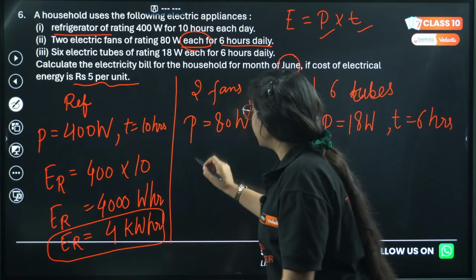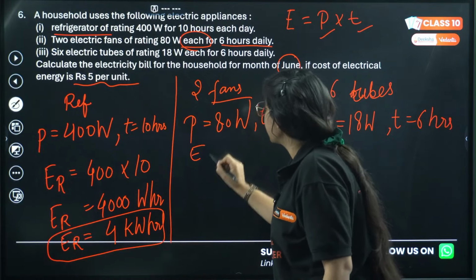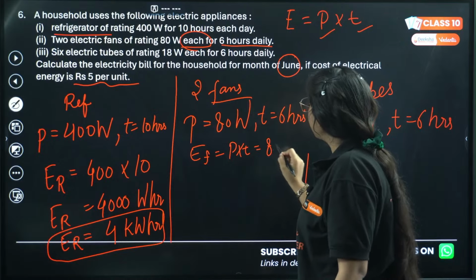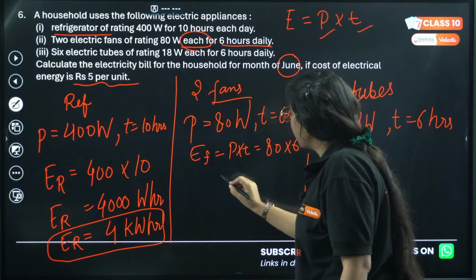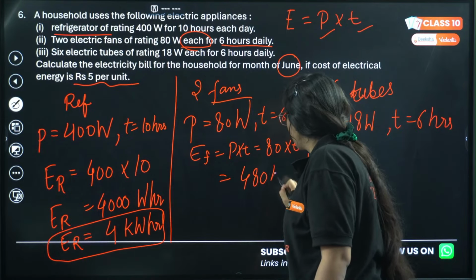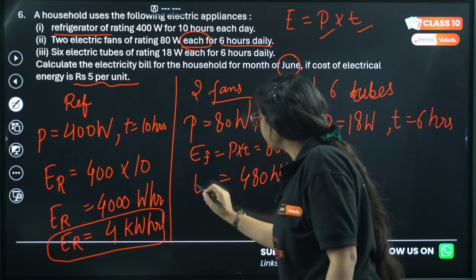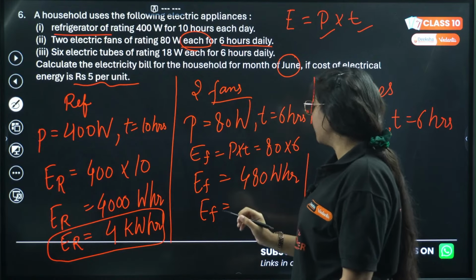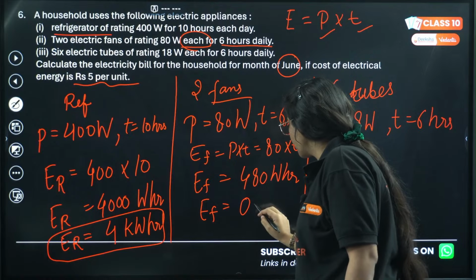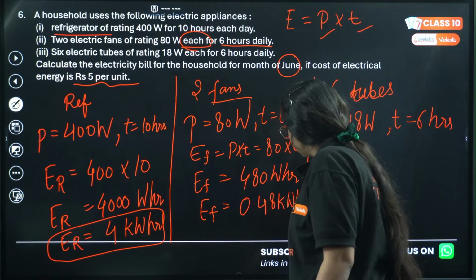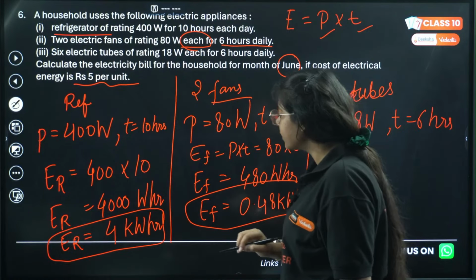Then for the electrical energy of fans, this will again be power into time, which is 80 into 6, correct? 80 into 6 will be 480 watt hour. So total electrical energy in kilowatt hours will be 0.48 kilowatt hour, correct?